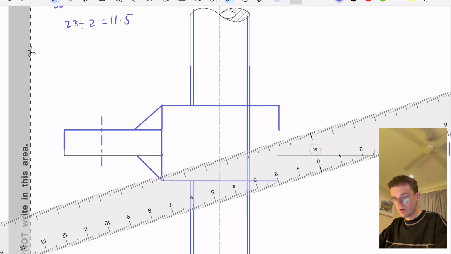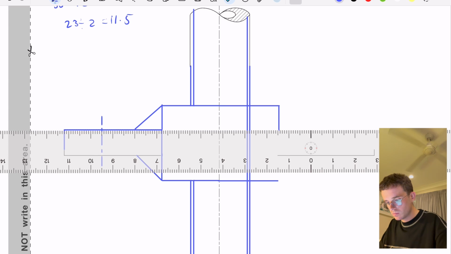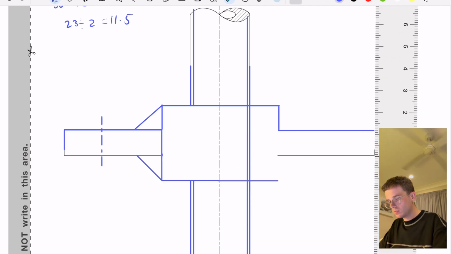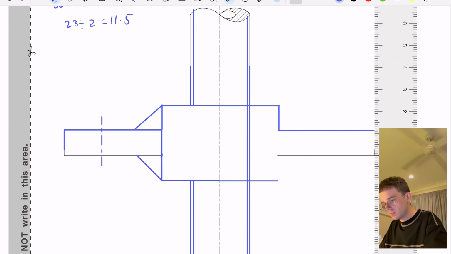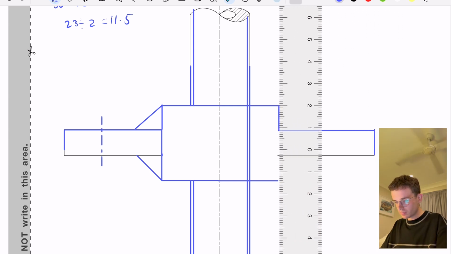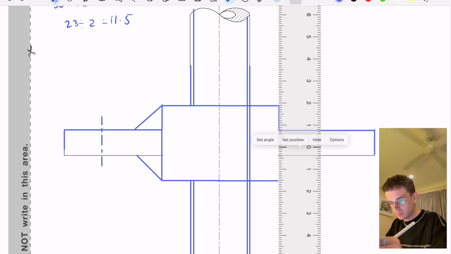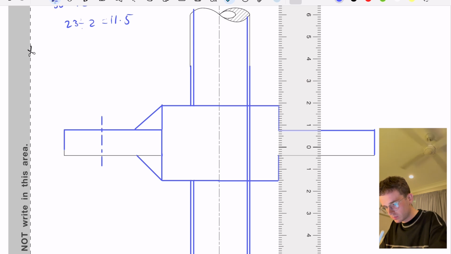Again, we're not in any rush here. Making sure that everything is as neat as possible. Going across. Going down. Going down. Okay, let's see how we're going.